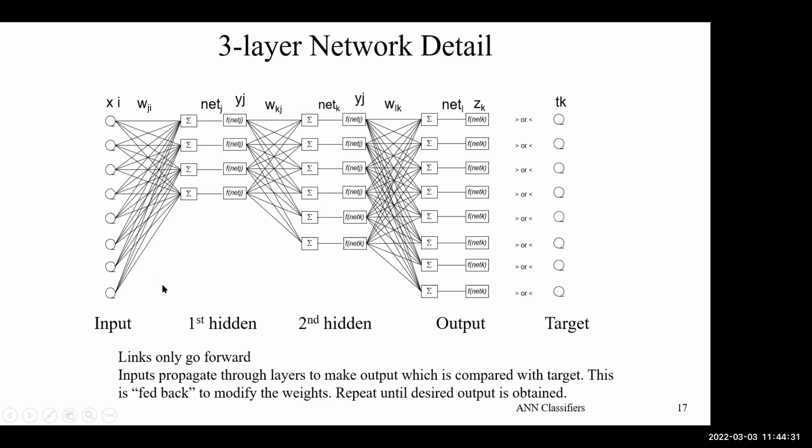There is conflicting terminology in the field about how we count the number of layers. How many sets of weights do you see? 3. Some people call it a 3-layer network. How many hidden nodes are there? 2. 2 layers of hidden nodes.